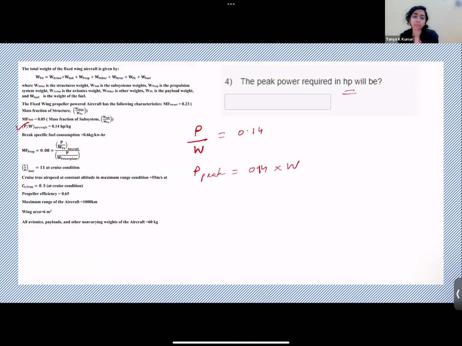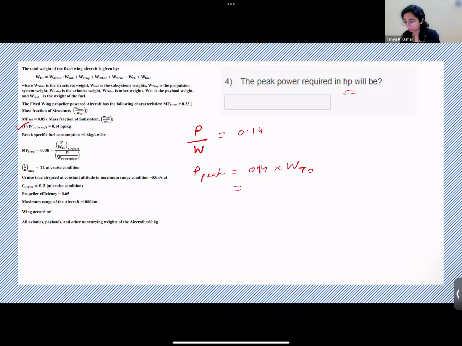What will be the maximum power required? Peak power. So what weight should we take for that? Takeoff weight, exactly. So just multiply with the takeoff weight, that will be the peak power required in HP.